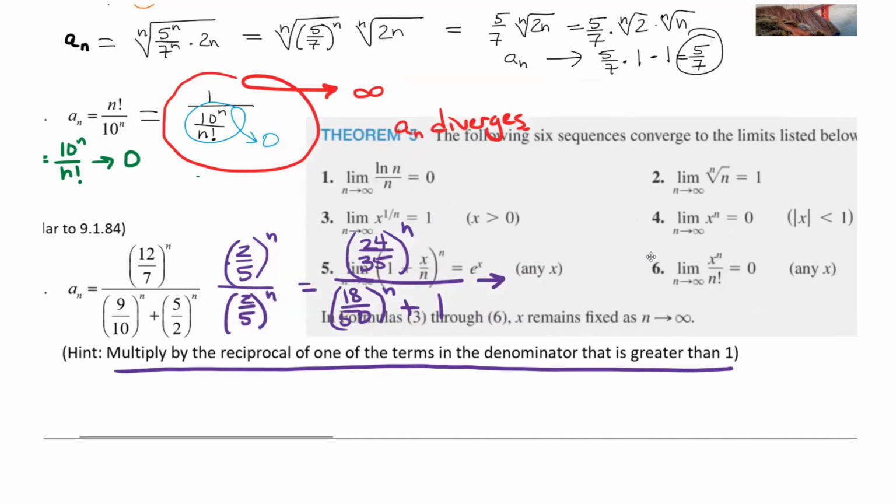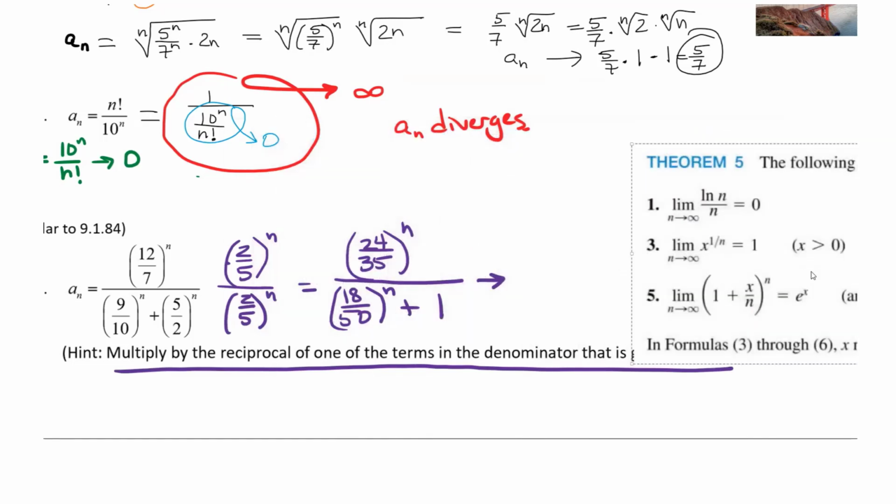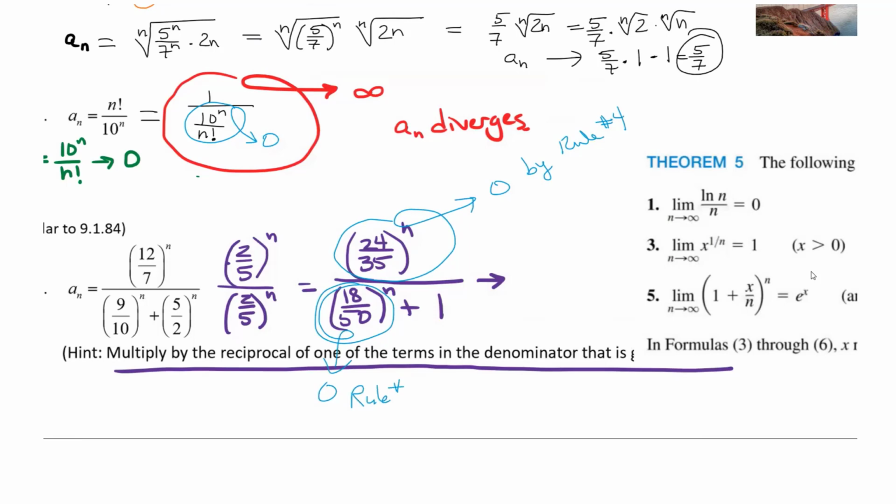Yeah, rule number 4 applies because the base is a positive number less than 1. So this guy is going to go to 0 by rule number 4. And this guy is going to go to 0 by rule number 4. So we're going to get 0 over 0 plus 1, which is going to be 0. So a sub n converges to 0, and we're done.